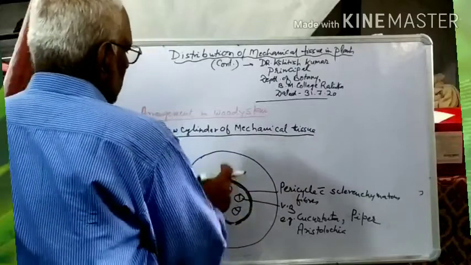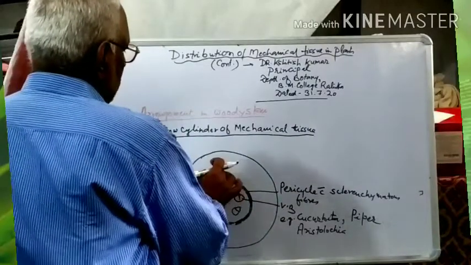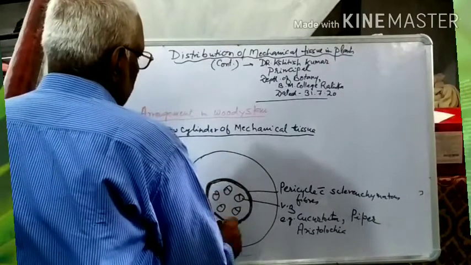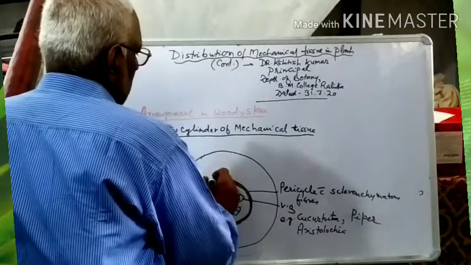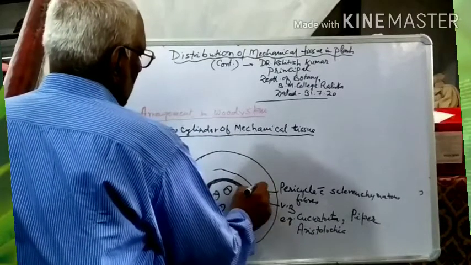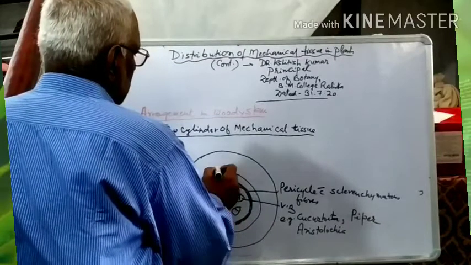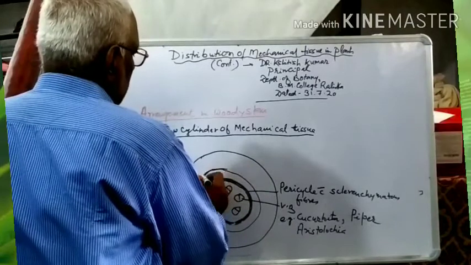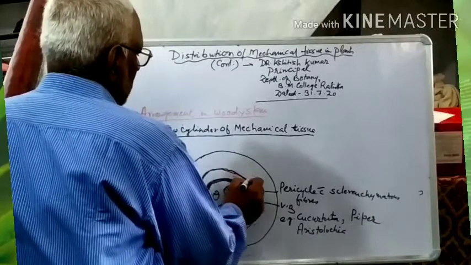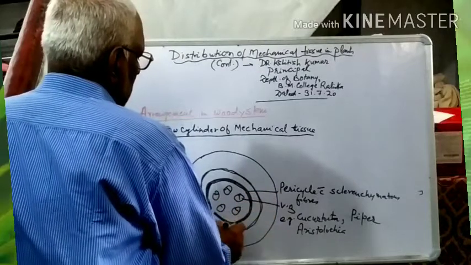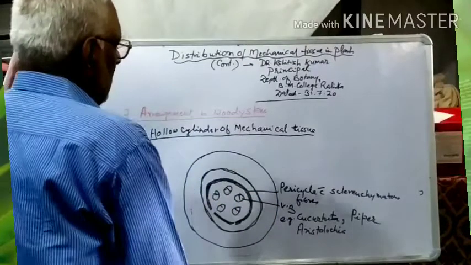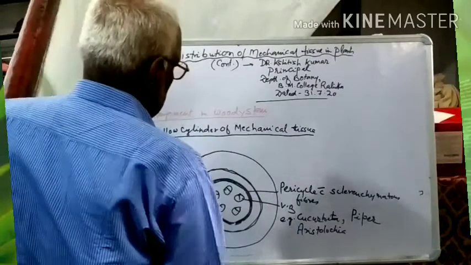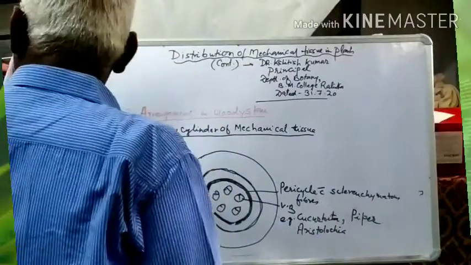Besides this, there are plants in which an extra sclerenchymatous cylinder is found inside the cortical region. Here, inside the cortical region, an extra cylinder of sclerenchymatous tissue is found that gives extra support to the plant to tolerate the wind pressure, a storm, etc.